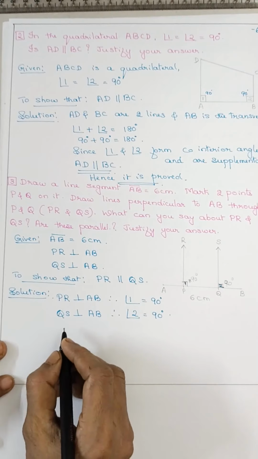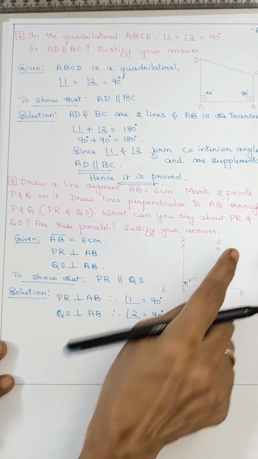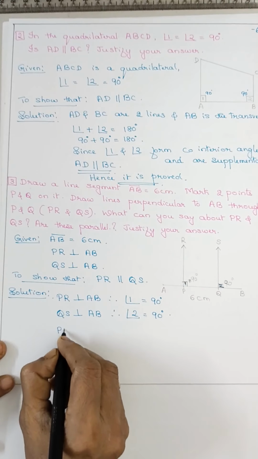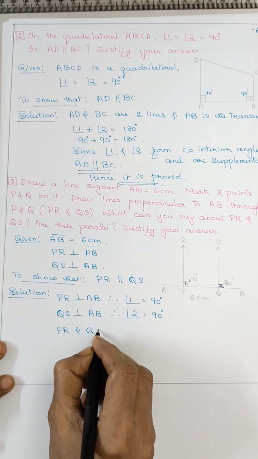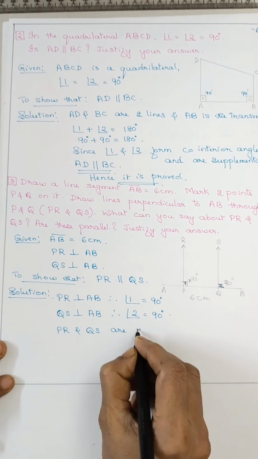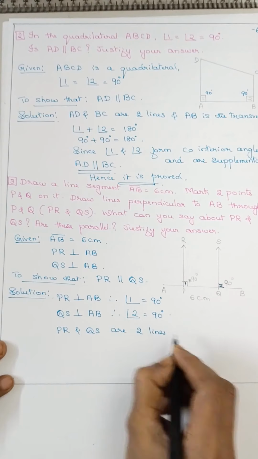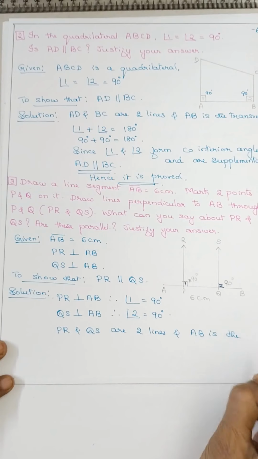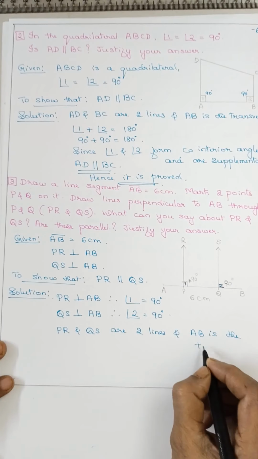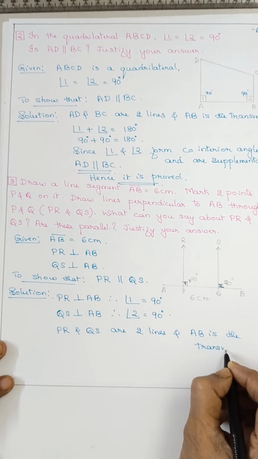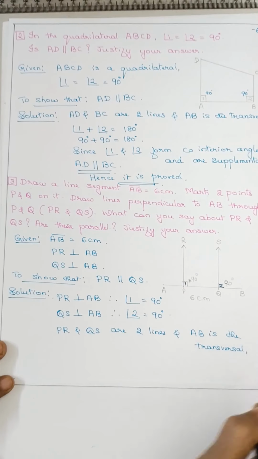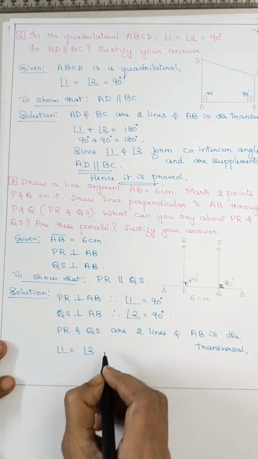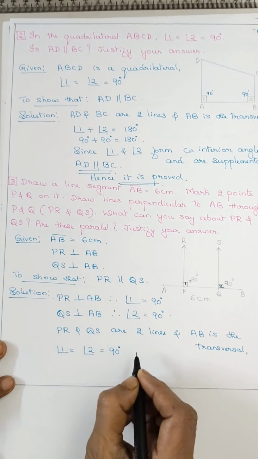Now, if you take PR and QS as two lines, PR and QS are two lines and AB is the transversal. Angle 1 is equal to angle 2 is equal to 90 degrees.